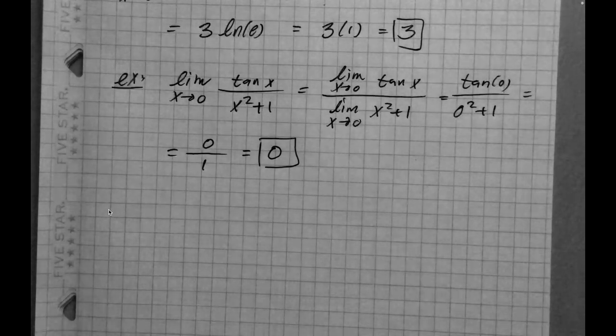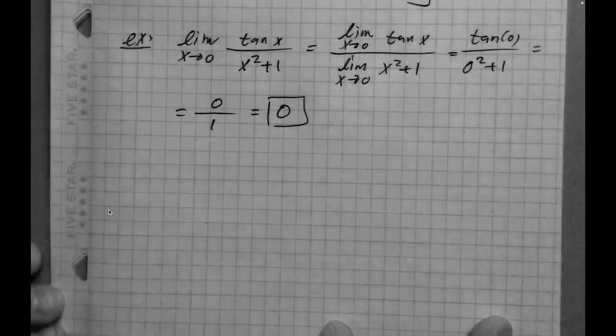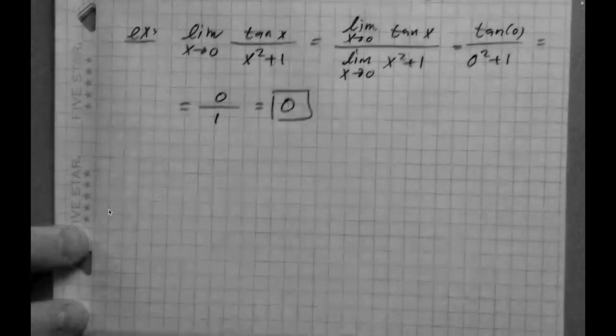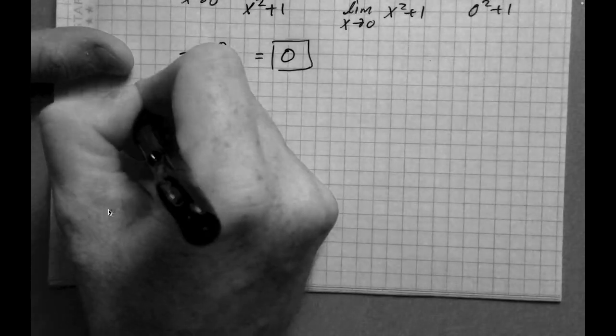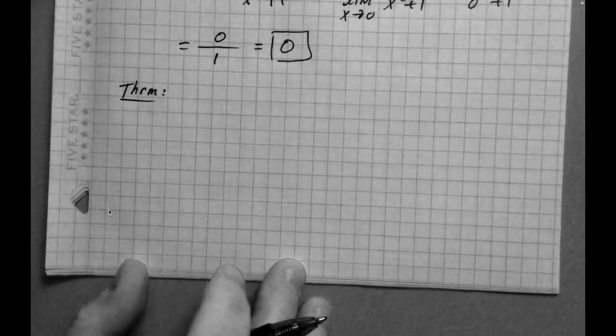So this is a lot of the theorems that we'll need to evaluate limits analytically, but we'll get into some more. Here's another one. This one is a little bit more complex as well, relative to some of the ones we've looked at.